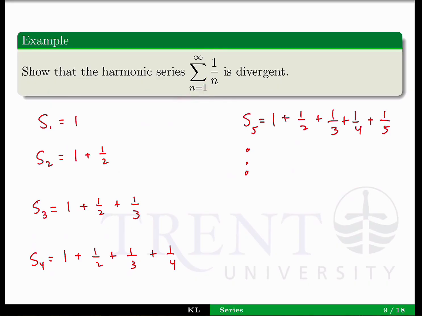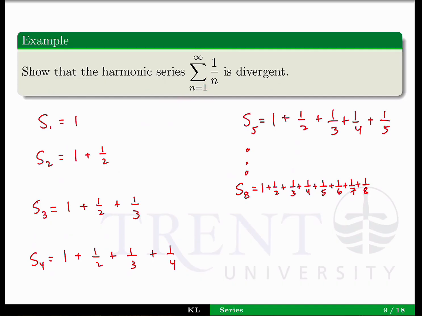What I'm going to write is S sub 8, which is 1 plus 1 half plus 1 third plus 1 fourth plus 1 over 5 plus 1 over 6 plus 1 over 7 plus 1 over 8.